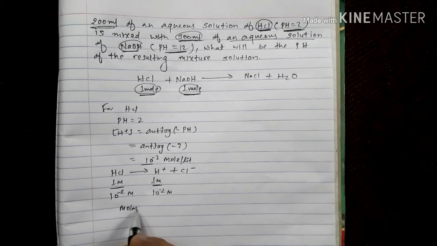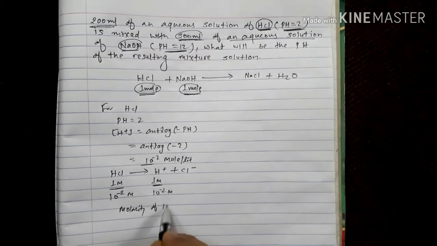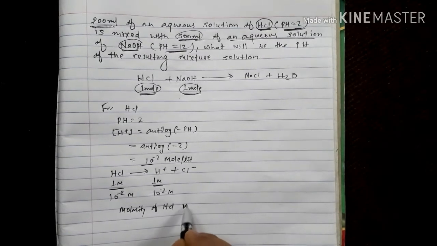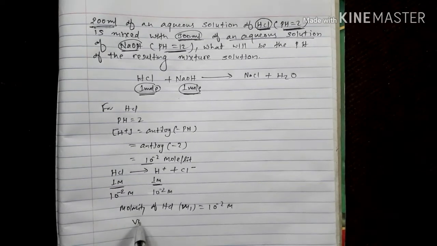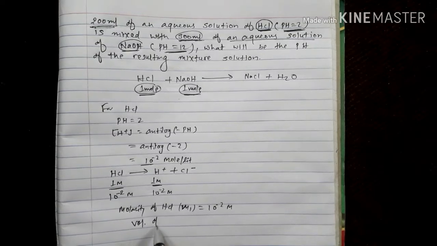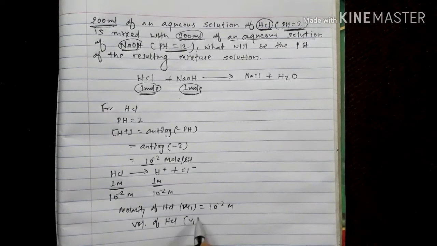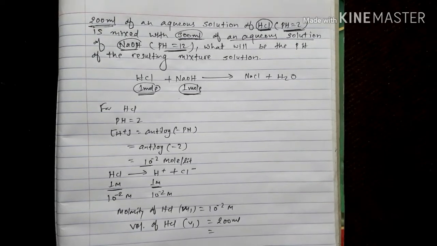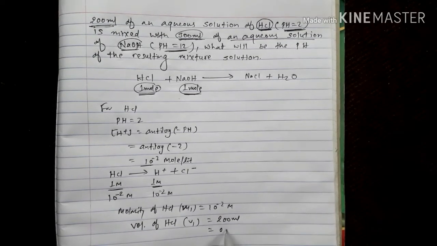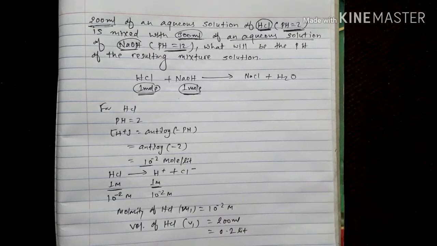Molarity of HCl, M1, equals 10 to minus 2 molar, and volume of HCl, V1, equals 200 mL, changed into liter 0.2 liter when divided by 1000.